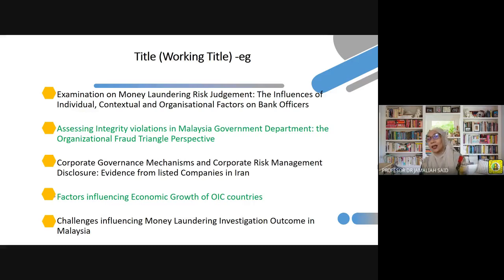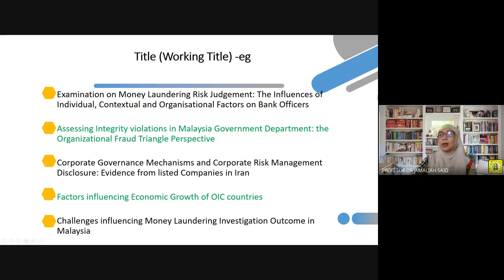I think the title is very clear, except actually there are two things, not only challenges, maybe effectiveness and challenges. So she is looking into the challenges of money laundering investigation outcome. And of course, in the title they have a sample of investigation enforcement officers.